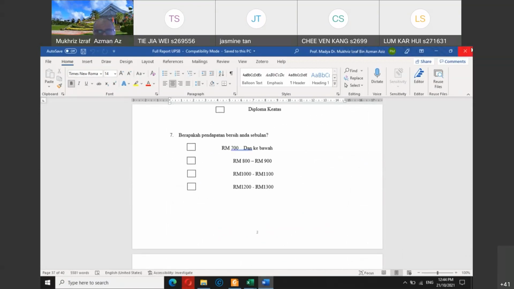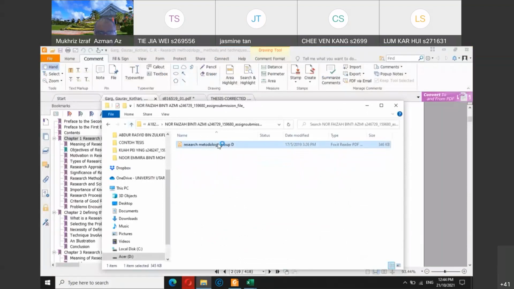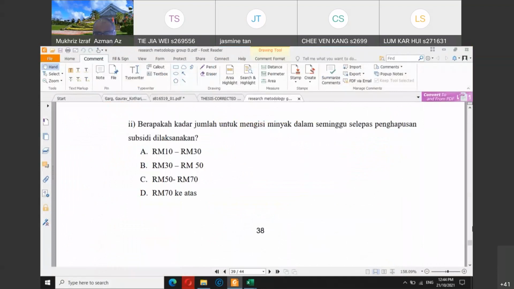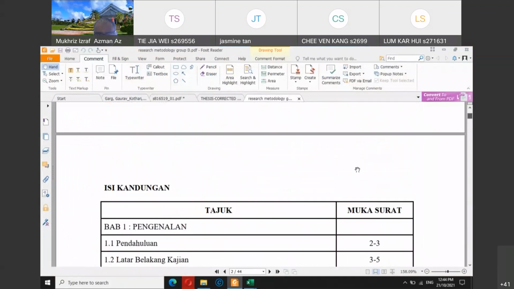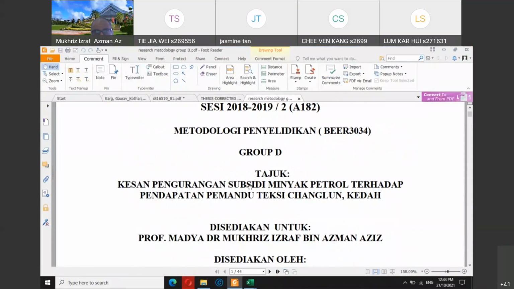Okay, so this is another topic, and then another one will be on, what is this topic about? The impact of the subsidy removal of petrol on the taxi drivers in Changlun, Kedah. So again, this is directly related to an economic topic.